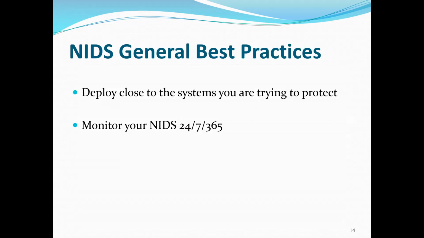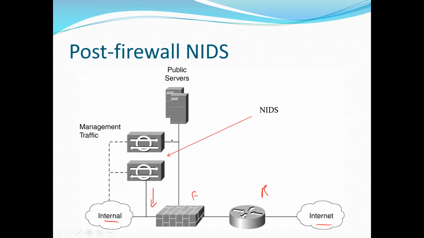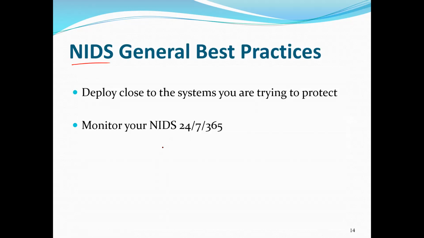Now, in general, a best practice of the network intrusion system is to try to deploy either through automation, so you want to automate this, or you want to have an analyst, or a combination of the two. So you want to have a combination of the two.